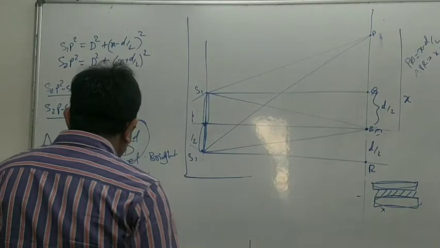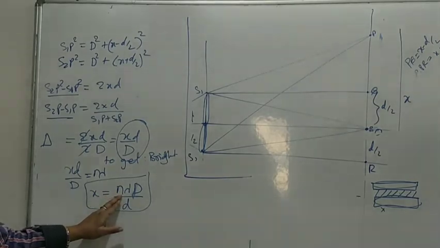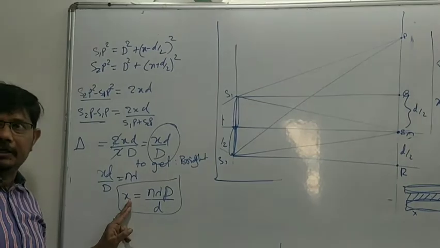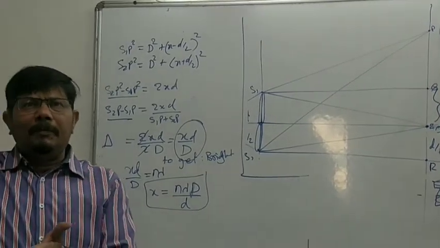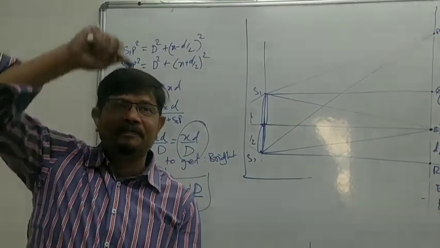If you want the distance of the 7th bright fringe above the central fringe, you put 7 in place of n. If the 5th is below the central fringe, you put 5. Solve them and add them, and you will get the distance between the two bright fringes.